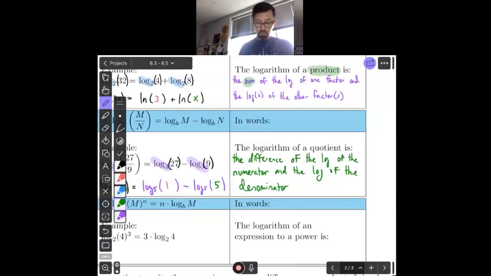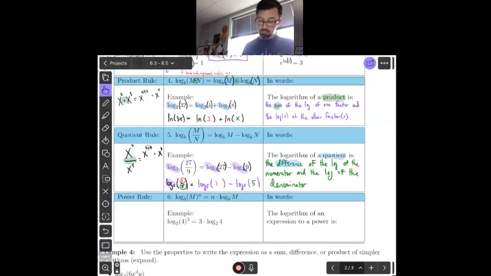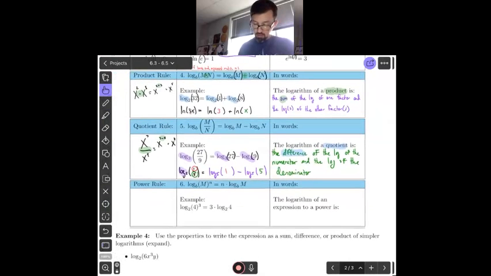Again, the big thing: quotient becomes subtraction. Order matters, but just follow what it says and you'll be fine. So there's our quotient rule.